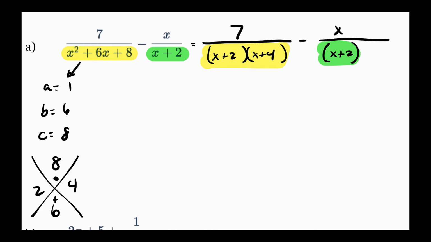All right, next step. What's missing and what's needed? Look at the new yellow and the new green. The green needs an x plus 4, right? So I'm going to include that over here, just like I did yesterday and the last time. Whatever I do to the bottom, I have to do to the top.